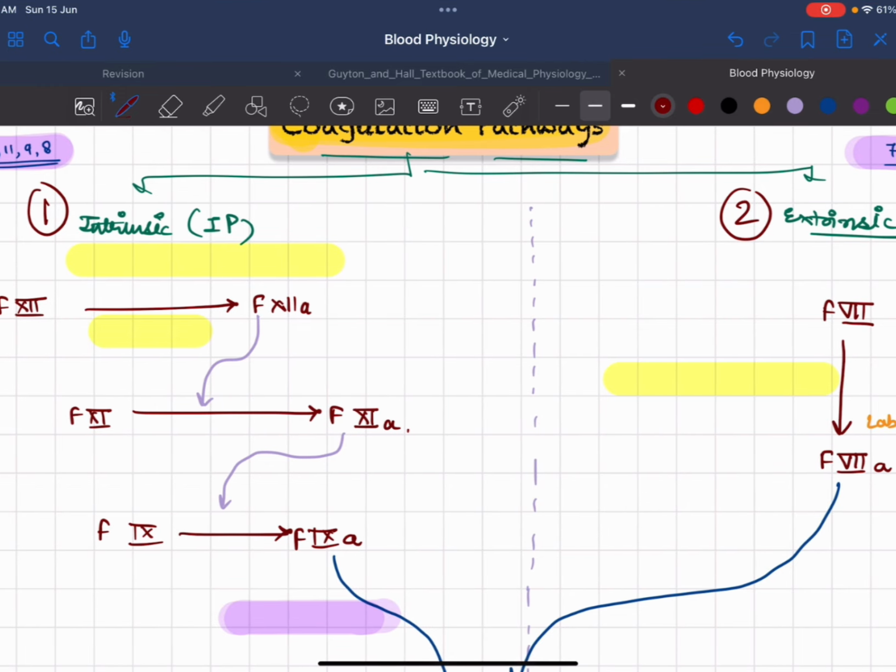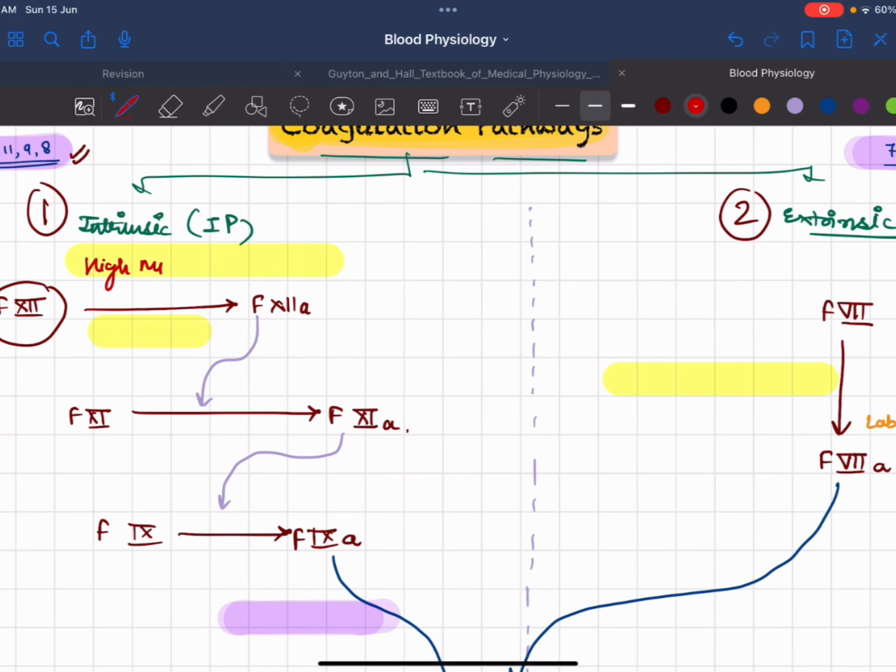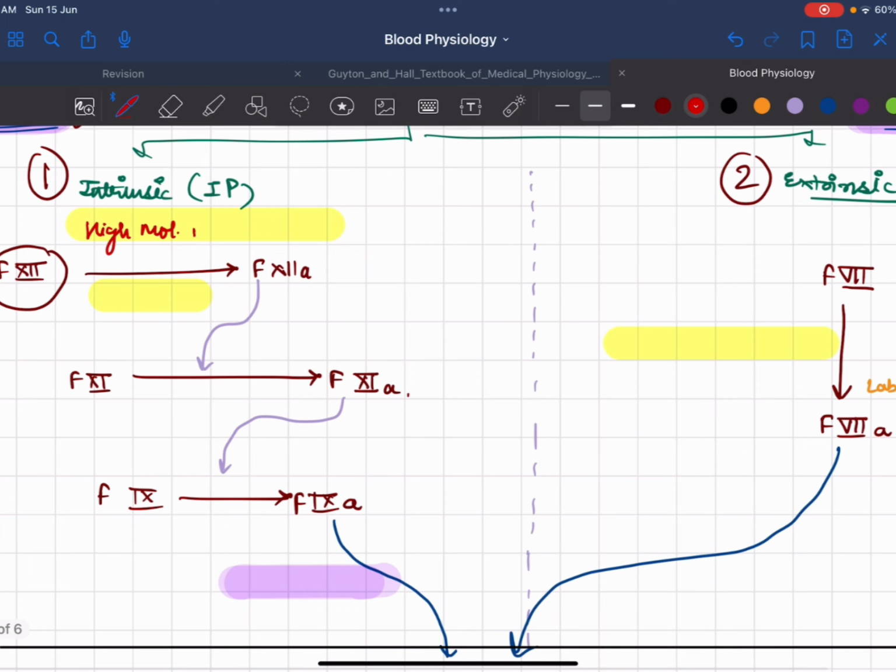So what we need to learn firstly is what is written here. It contains these four factors in it: 12, 11, 9 and 8. These four factors are involved in the intrinsic pathway. It begins with factor 12. The conversion of factor 12 into factor 12A occurs with the help of a compound which is high molecular weight kininogen.